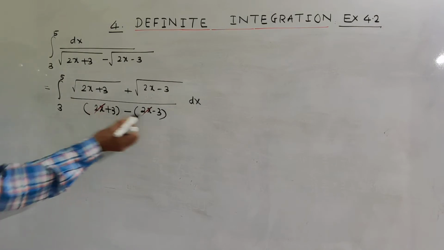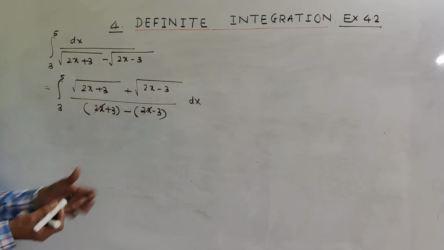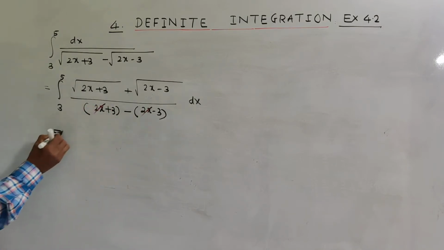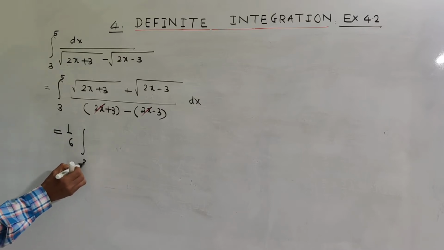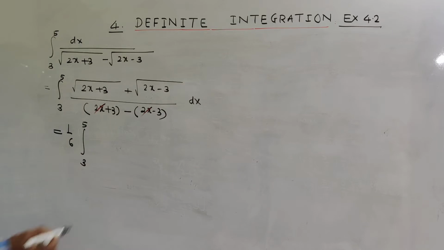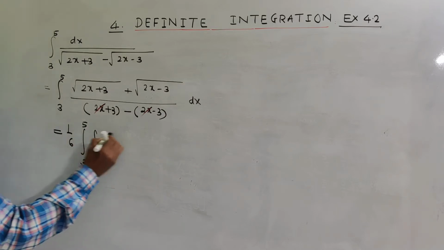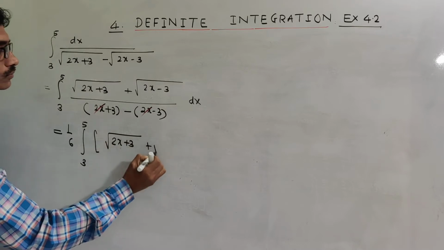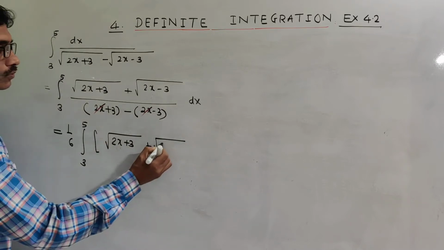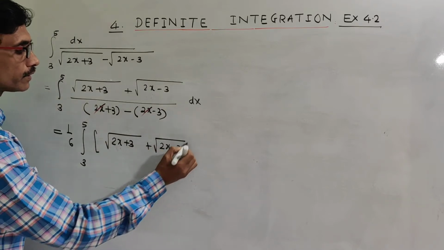Here this 2x will get cancelled and minus of minus 3 will be plus 3. So it is 1 upon 6. This 3 and this 3 will give us 6. 1 upon 6 integral of 3 to 5 root of 2x plus 3 plus root of 2x minus 3 dx.